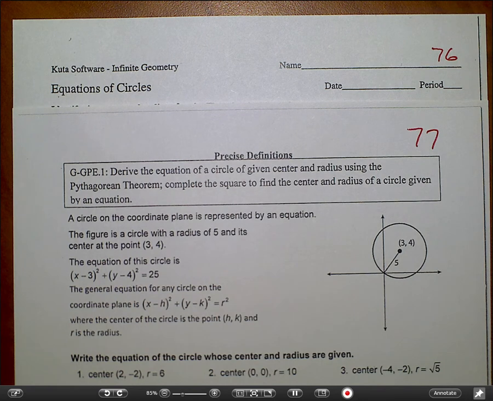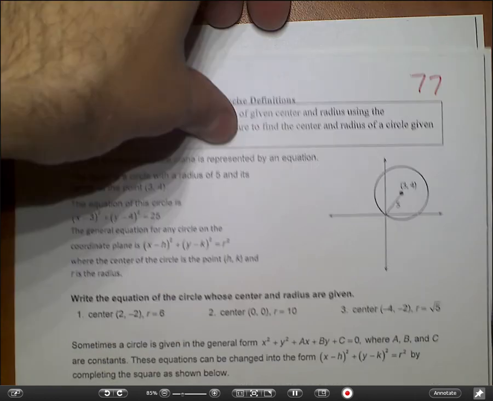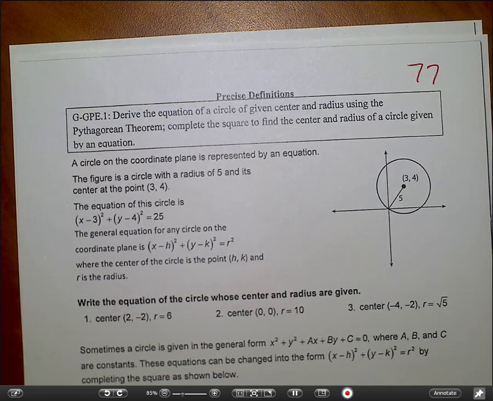Alright, so now on this one, 76, 77, 77. On these right here, you guys are going to have to use the page underneath also, because we're going to do some equations, and I'm going to teach you guys how to do an equation of this. It's really not that hard.